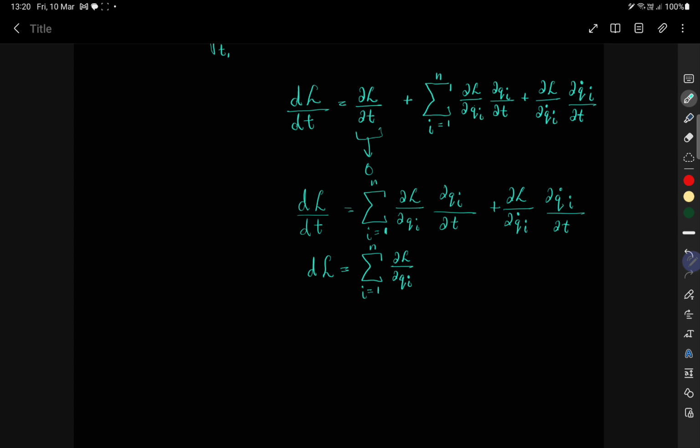They may be independent, but we'll still treat them as regular single variable functions. So you can write this partial qi by partial t as dqi by dt. Same goes for this one.